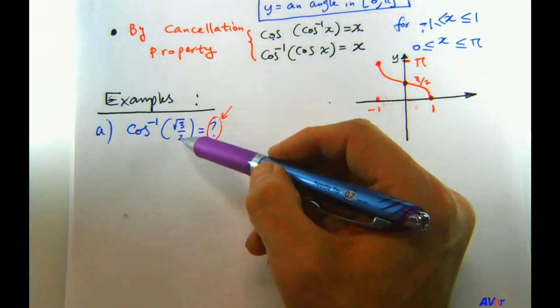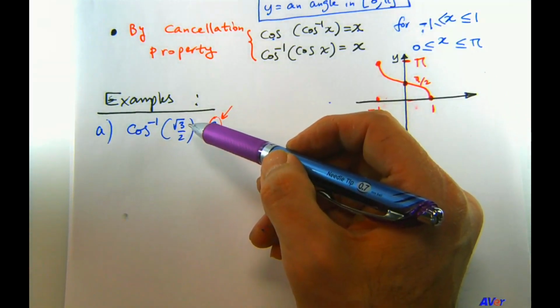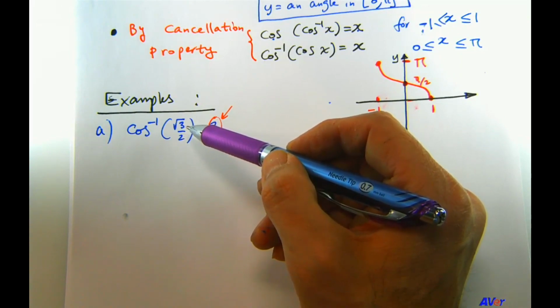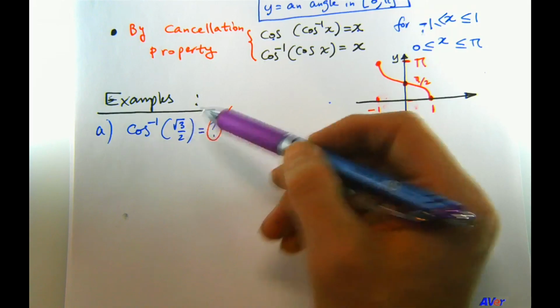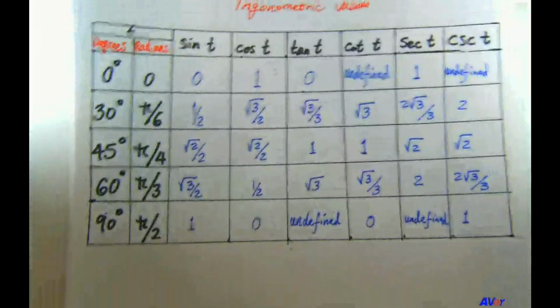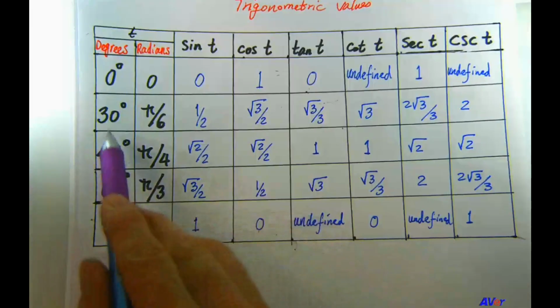So we know from the special trigonometric tables that that would be 30 degrees. Right, 30 degrees.